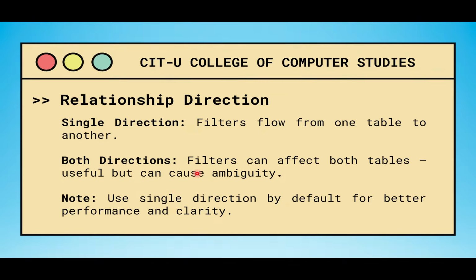And we also have the bi-direction or both directions. So filters can affect both tables, useful but can cause ambiguity. So do take note that in our case for Power BI, we usually apply single direction by default for better performance and clarity. So we are gearing towards simplicity in this scenario.